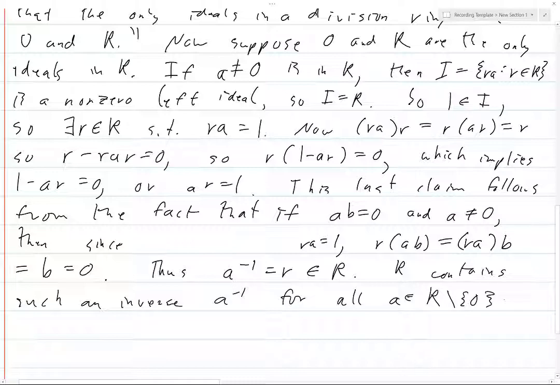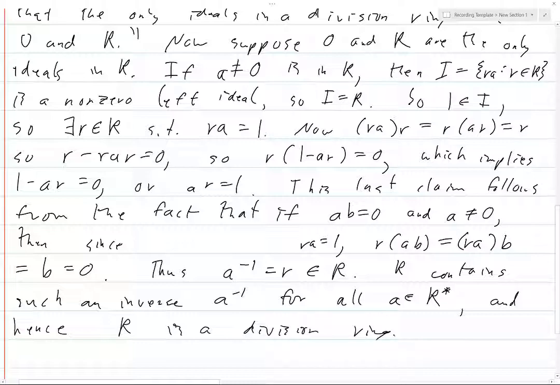I think this might be R star. Yeah, let's call it that. R star. Maybe the star goes at the bottom. I forget. I think it goes at the top. Hence, R is a division ring. So there we go. Now we've completed the proof.